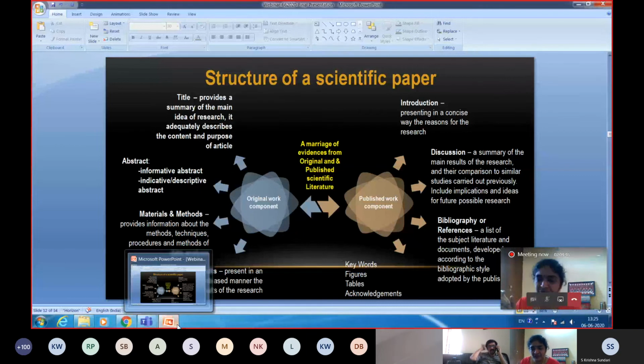So if the catchword appears in the keywords, then your paper will be listed in the first 50 or first 100 searches.